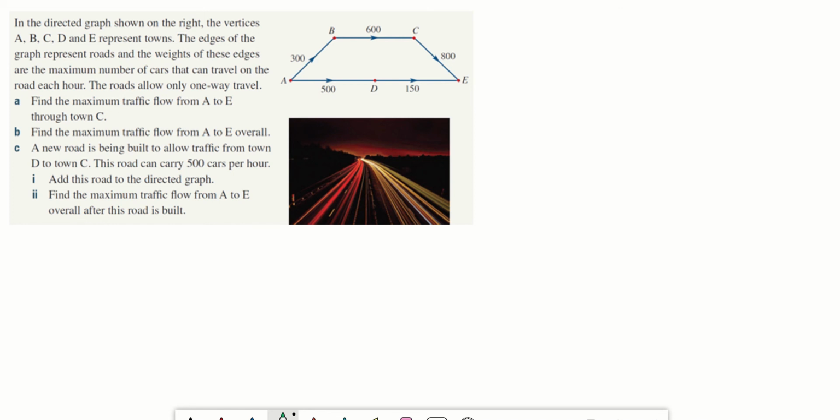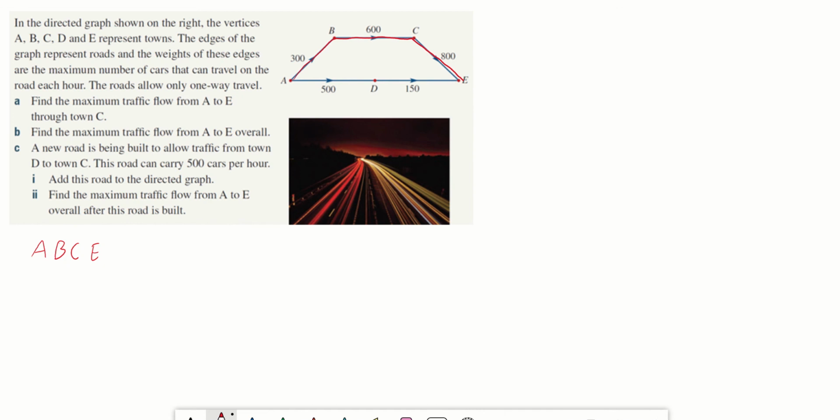Part A says that we need to find the maximum traffic flow just from A to E through town C. So all that's saying is all they want is one of the possible ways, A to E through town C. So all we need to do is see what the maximum possible flow is along that route only.